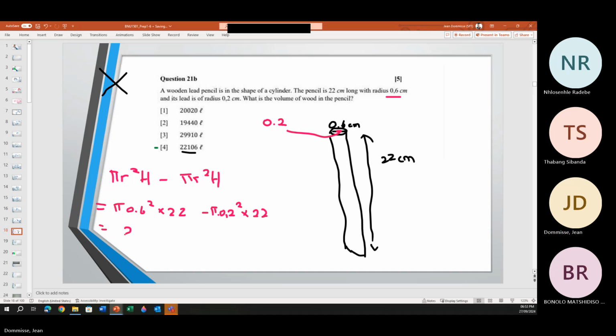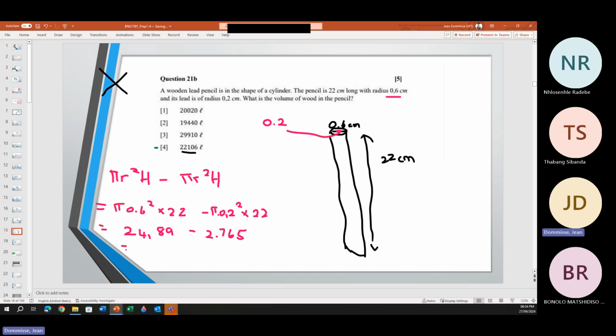So the volume of the whole pencil was 24.89, and then the component of the lead, which had a radius of 0.2, so 0.2 times 0.2 times pi times 22, which is 2.765.